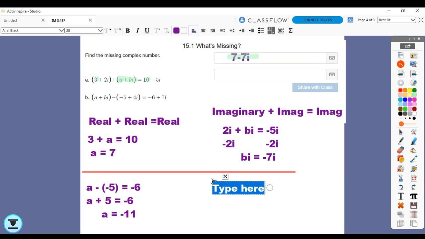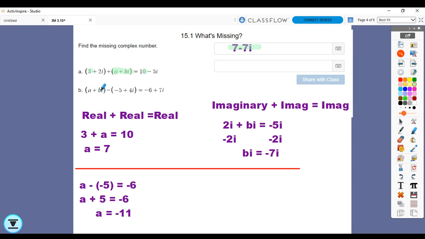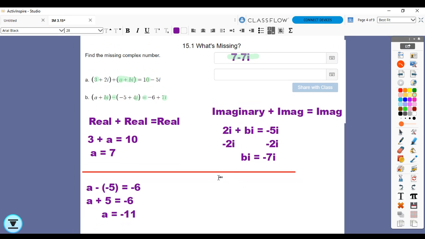All right, then I'm going to take the imaginary. So each time I'm just matching the imaginary minus the imaginary equals the imaginary. Each time you just stick with that every single time. So bi minus 4i equals 7i.